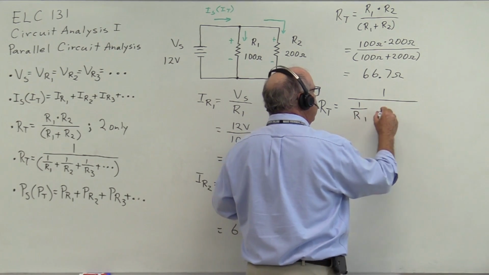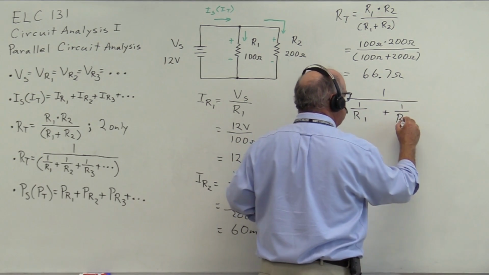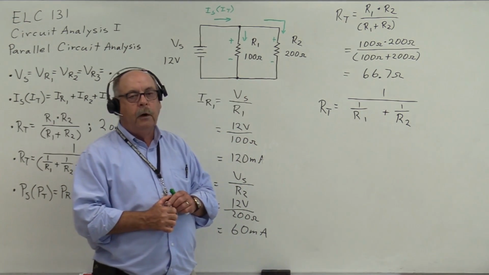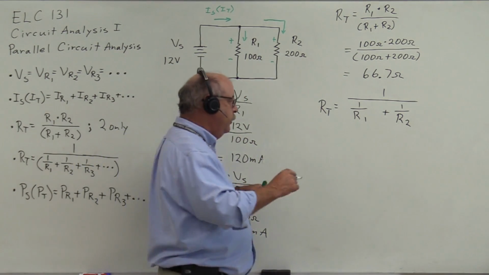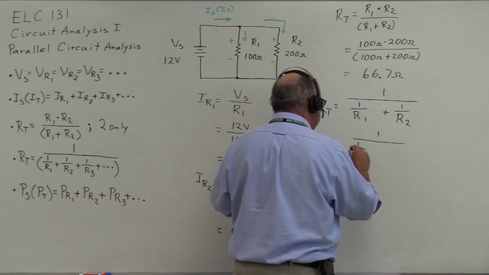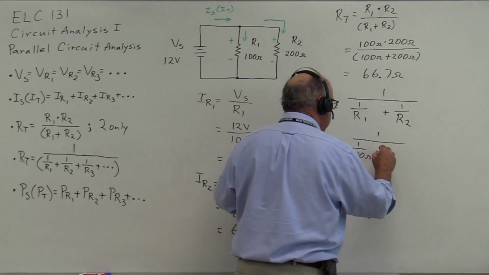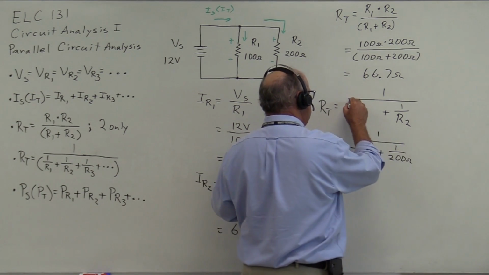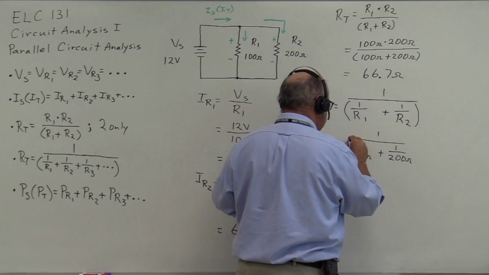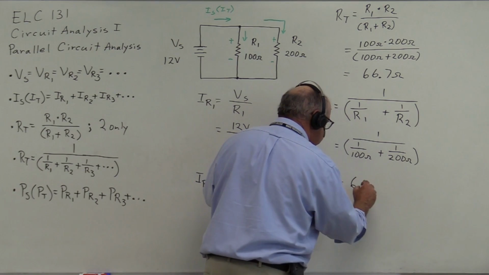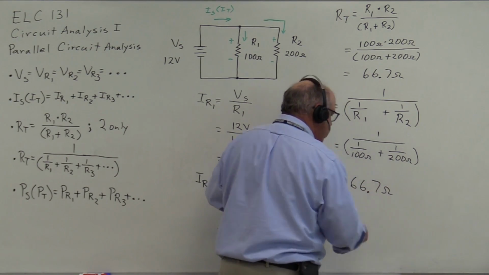Now, the second equation, the reciprocal formula, can also be used for this circuit, which says that R total equals 1 over the quantity 1 over R1 plus 1 over R2, which would equal 1 over the quantity 1 over 100 ohms plus 1 over 200 ohms. Again, let's put some parentheses here, which again will give us 66.7 ohms.